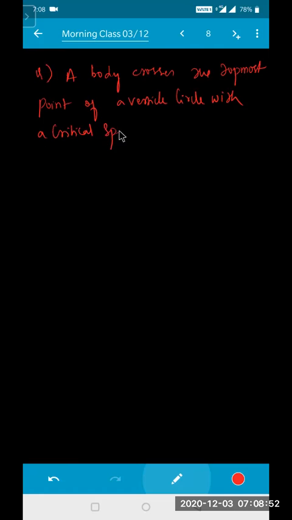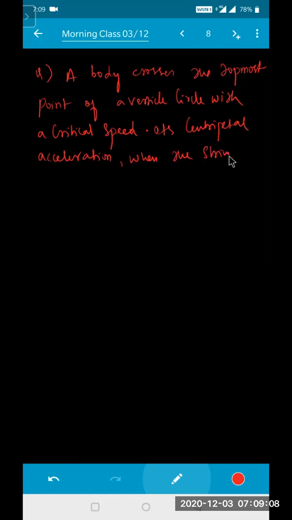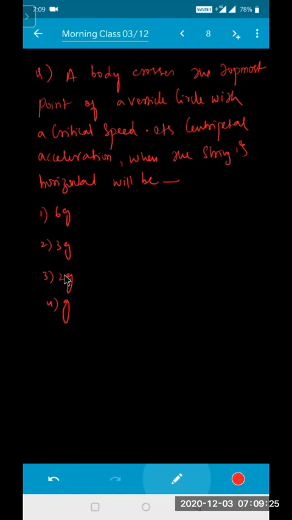Its centripetal acceleration when the string is horizontal will be dash. First one is 6g, second one is 3g, third one is 2g, and fourth one is g. Chalo, try to check.